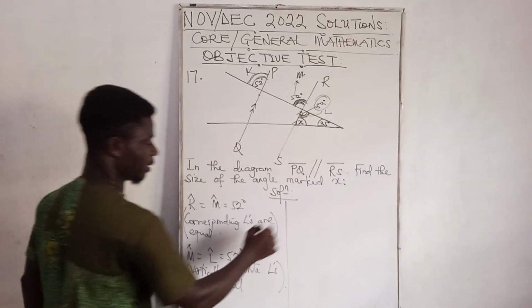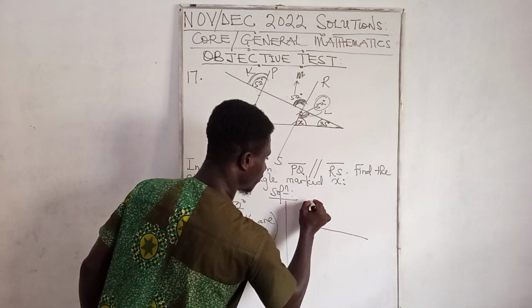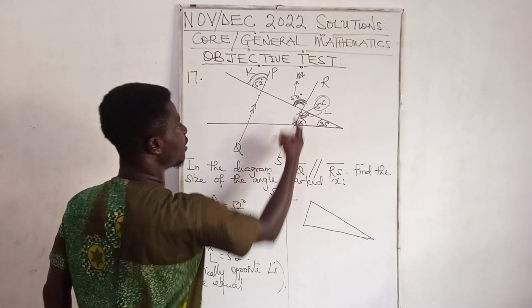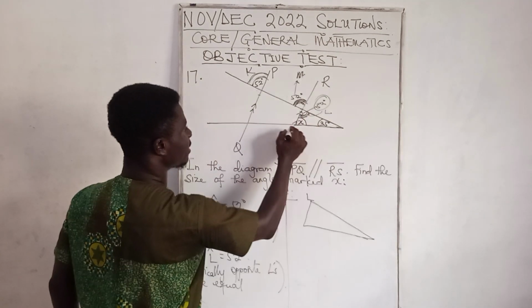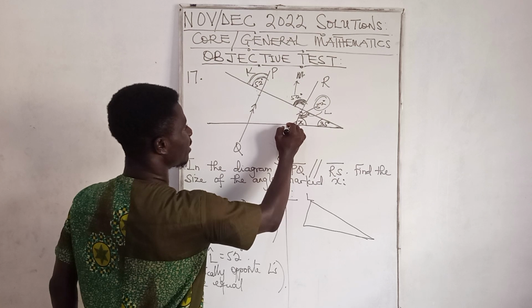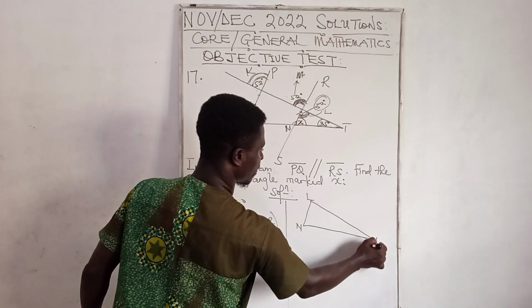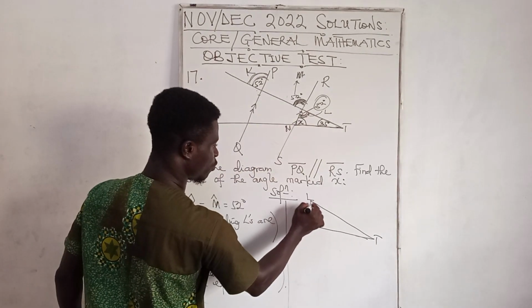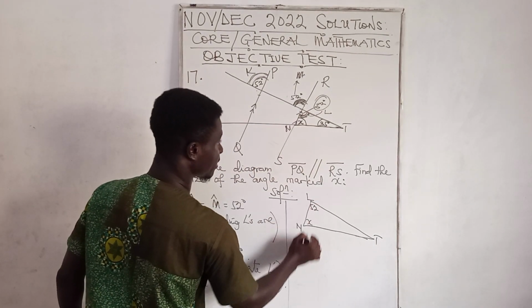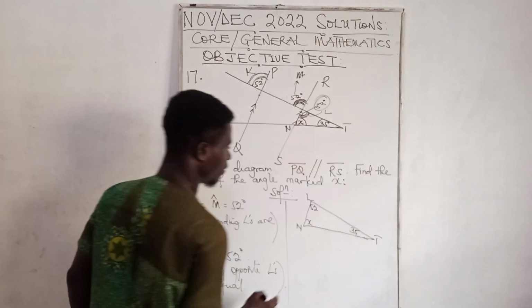So if I have here to be 52, then I can consider the whole of this triangle there. So here's angle L. Then let's say here's my N. Then here's my T. So my 52 is present here. My X is here. Then my 35. Right.